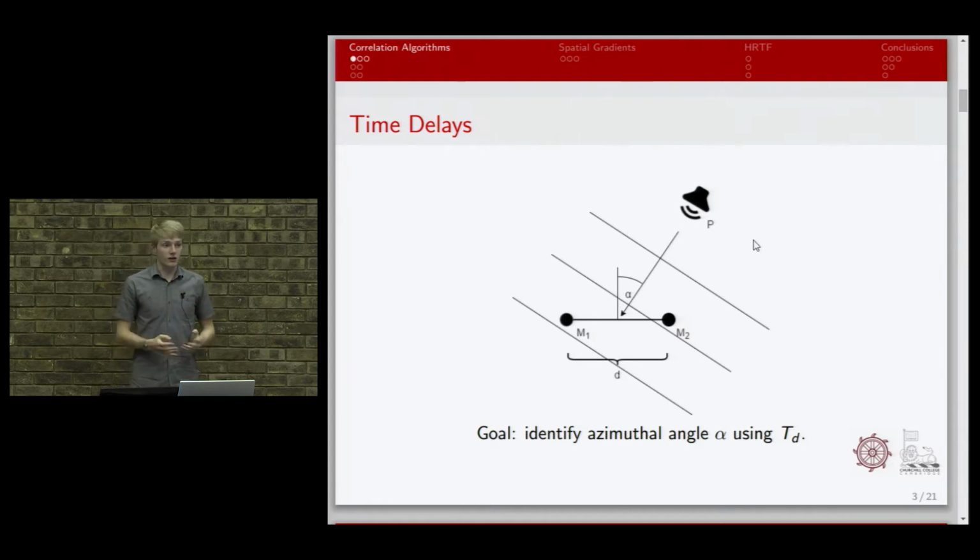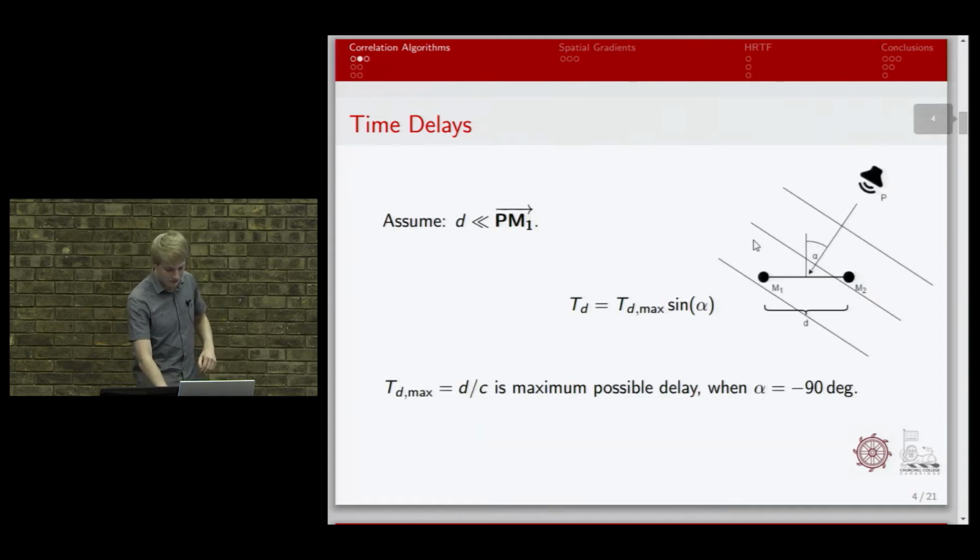Our goal here is to identify this angle, and with these methods we'll be trying to do that by using the interaural time delay between the two microphones, which we'll define specifically as the time between a wavefront of sound hitting M1 and it hitting M2. So for example, here we'd see that wavefronts hit M2 first, so this value will be negative. It's just something to bear in mind if you're going through the maths in your head in a minute.